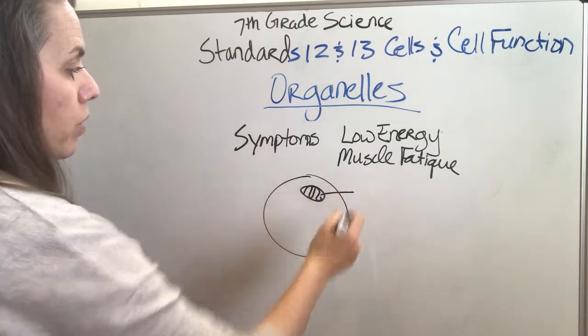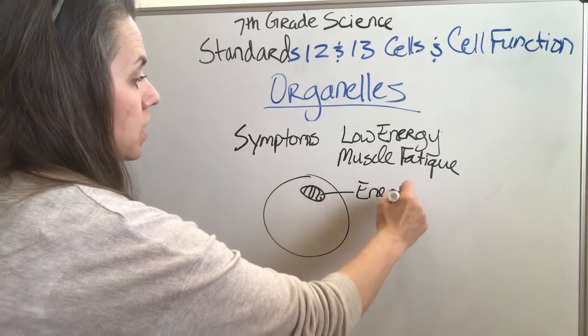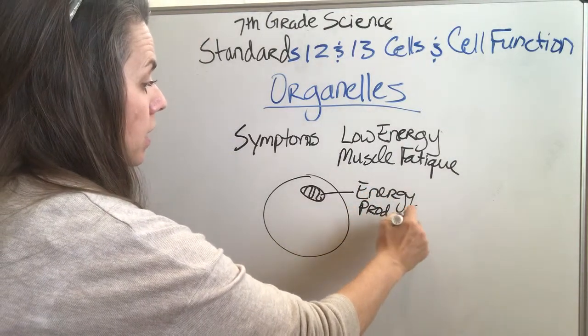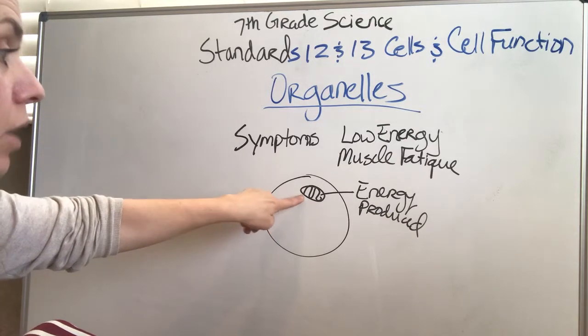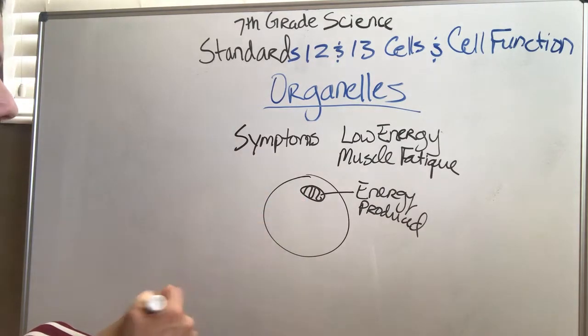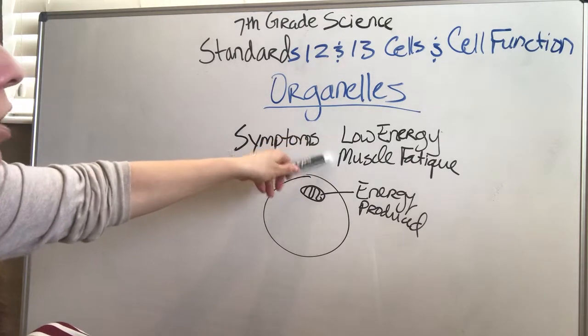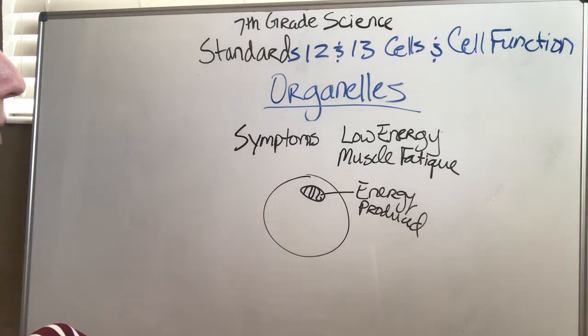So if there's a problem getting energy to the body, we know this is where energy is produced in the body. So a lot of times doctors might check out, well, is the mitochondria working correctly or not? And a lot of these low energy issues could be coming because that is not functioning properly in all of our cells.